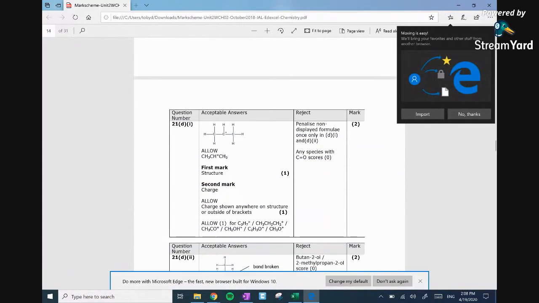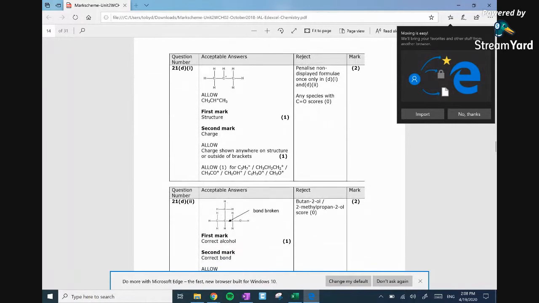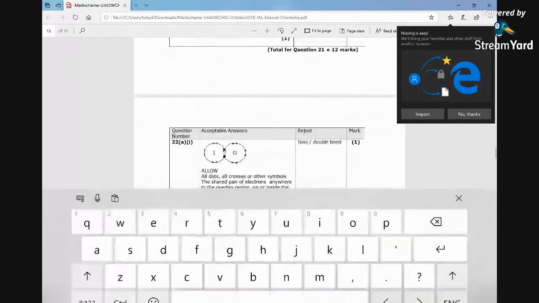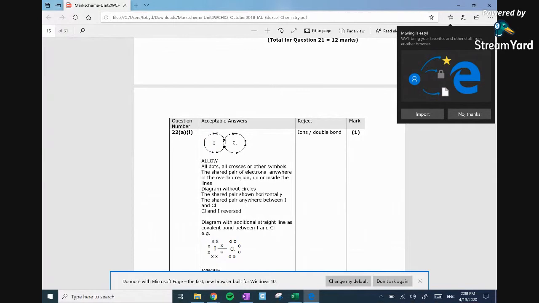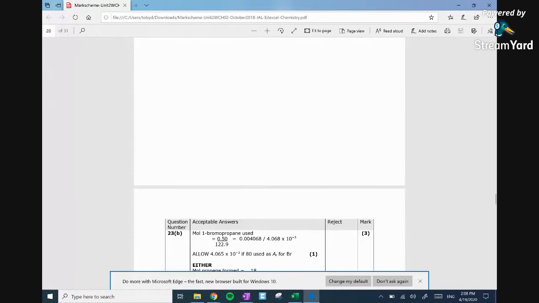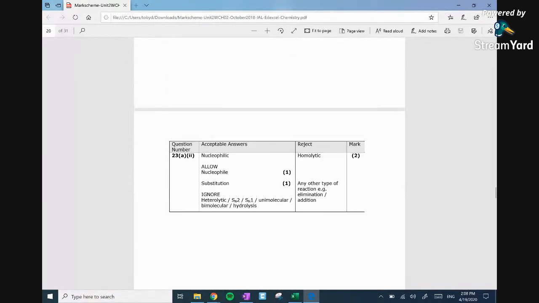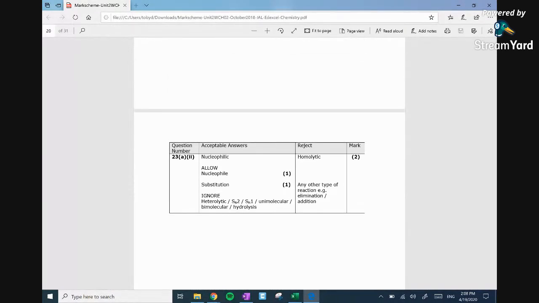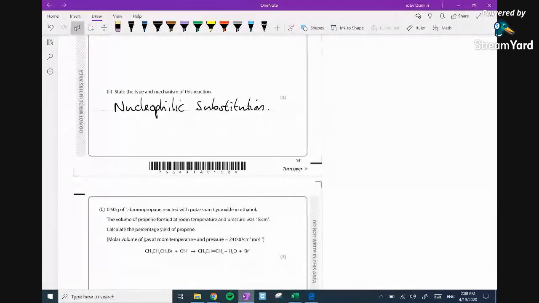See if we can track it down. I'm on question 23. Right, there we go. Nucleophilic, 1 mark. Reject homolytic, and substitution is the second one. There you go. Nice that.